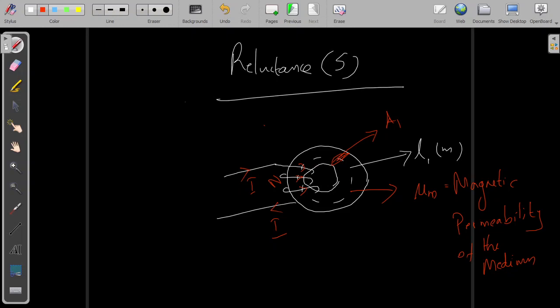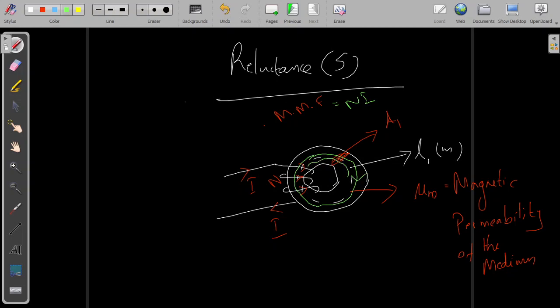So a magnetomotive force, MMF, will be set up here. That means MMF equal to NI is set up, and that magnetomotive force is the cause. If there is a cause, then there will be an effect. So what is the effect? Effect is nothing but your flux, like this, flux line.